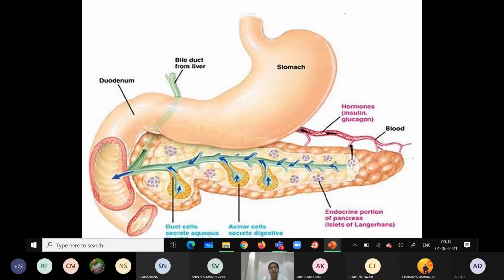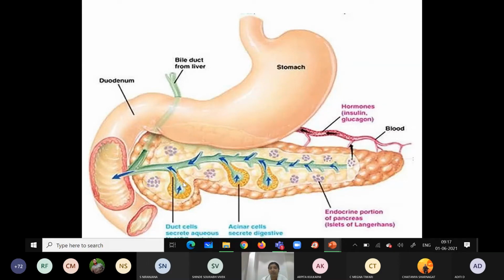Okay, so remember, enzymes are secreted by acinar cells and stored in the zymogen granules present inside these acinar cells, whereas the ductal columnar epithelial cells secrete the aqueous part.